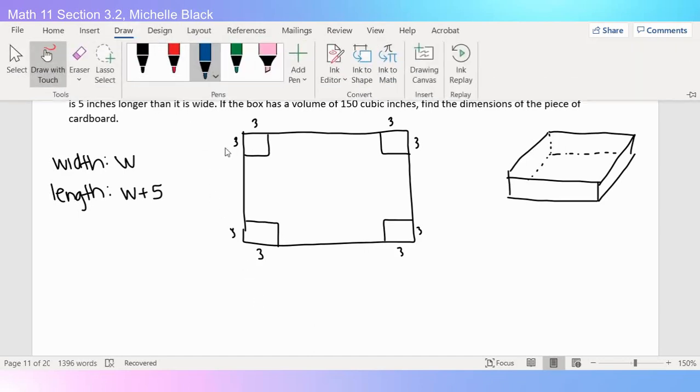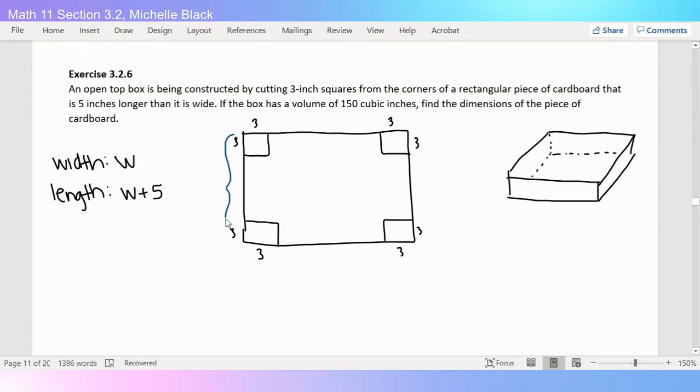Let's consider the left and right side to be our widths. So these are W, and let's consider the bottom to be the length. Remember, length is W plus 5. That includes the 3 inches, though, that I'm cutting from the corners, because I cut the 3-inch squares from this original piece of cardboard that was 5 inches longer than it is wide.